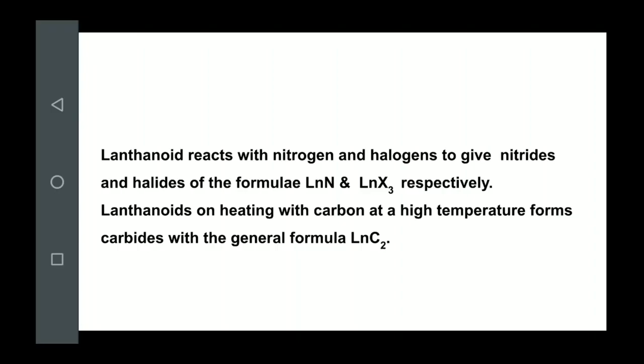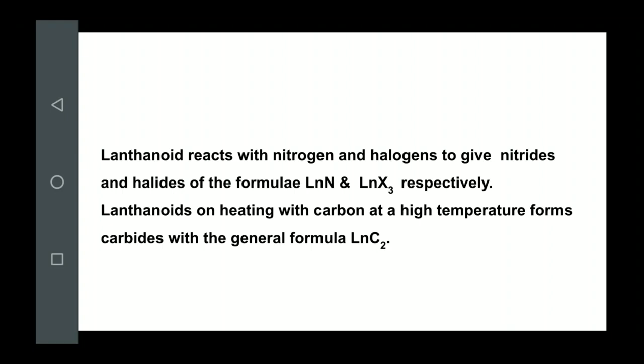Lanthanoids can also react with carbon at a high temperature to form carbide with the general molecular formula LnC2. Now remember here that if in place of Ln, any of the lanthanoid elements' symbol is mentioned, then too the formula of the product remains the same.